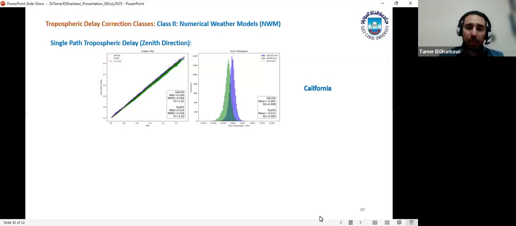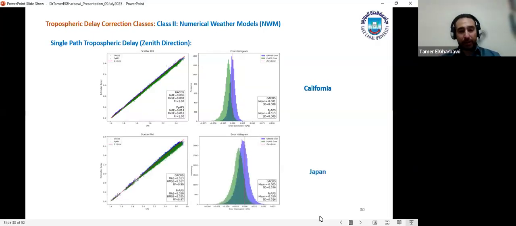And when we did this analysis for Japan, we can find that the effect is different. This is actually quite interesting because the same model performs in Japan differently than in California. We can see that the mean absolute error for GACOS or HRES is nearly 13 millimeter compared to 6 millimeter in California. And we can see that the shift is actually different.